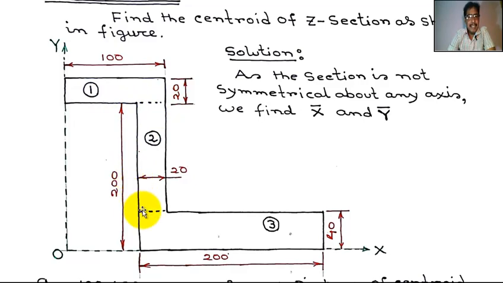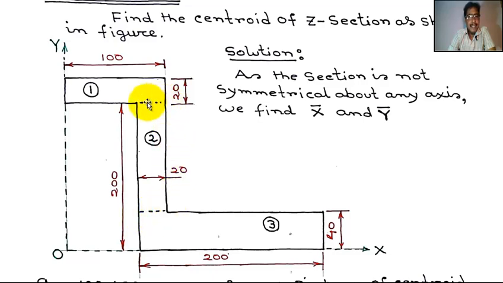Now this is a rectangle, length is 200 minus 40, means 160, into 20.